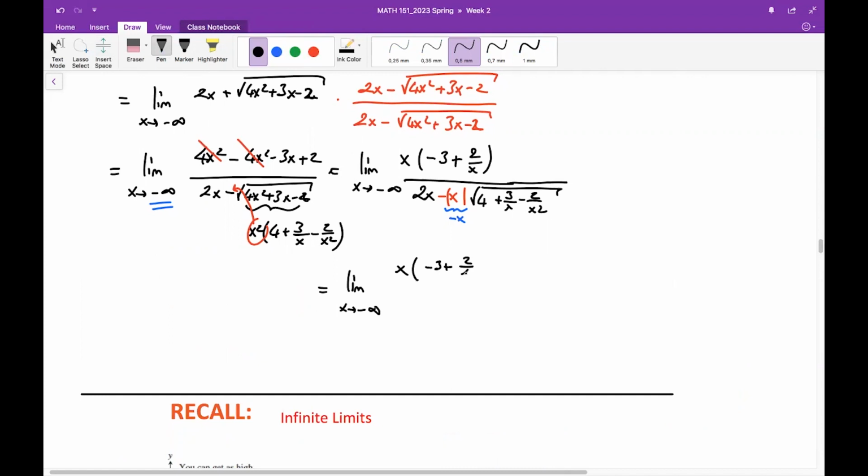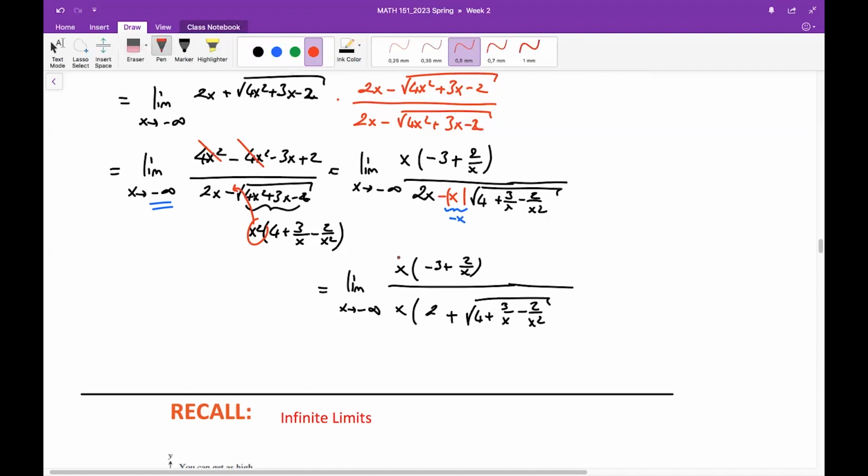Minus 3 plus 2 over x divided by what you have, x times 2 plus x times something. So I can take x out again, like that. So that's what I have. Then sorry, I made a mistake here. I shouldn't have written x. I already took it out, like this.